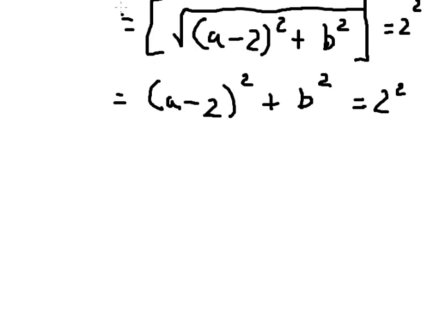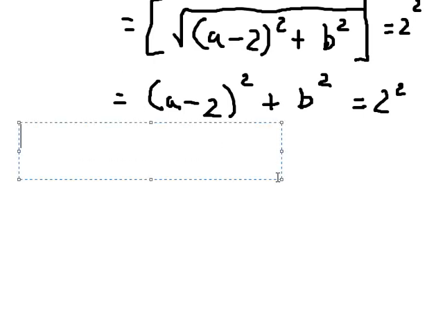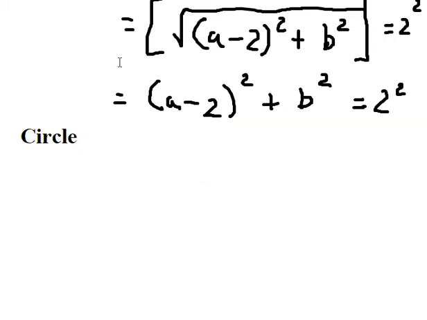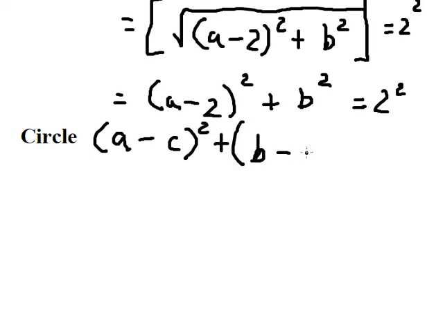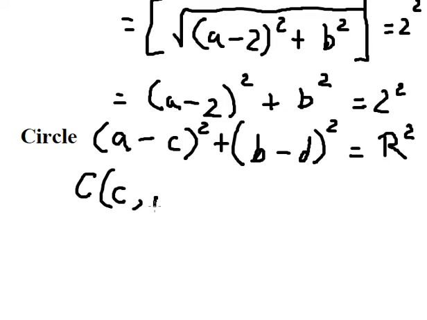If we look carefully, we can compare this with the formula of the circle: (a minus c) to the power of 2 plus (b minus d) to the power of 2 equals r squared. The center is (c, d), and the radius is r.